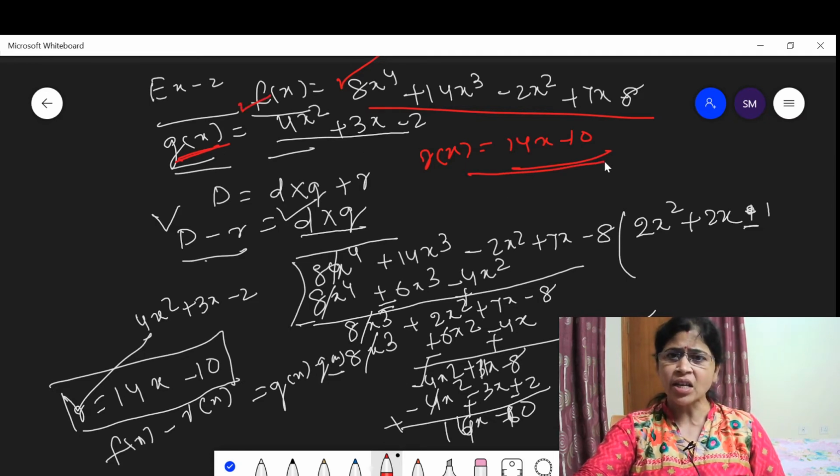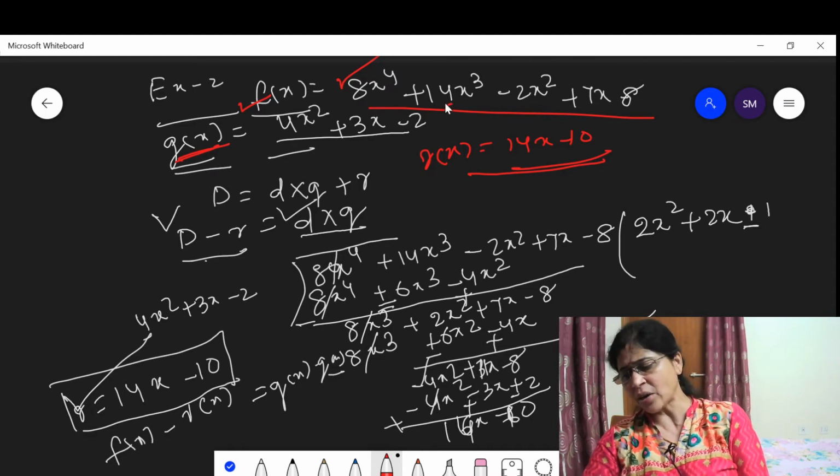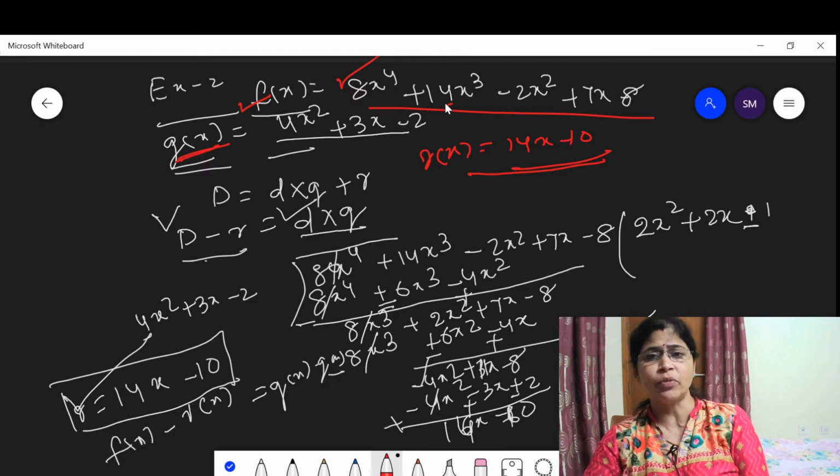When the remainder r(x) is subtracted from this.